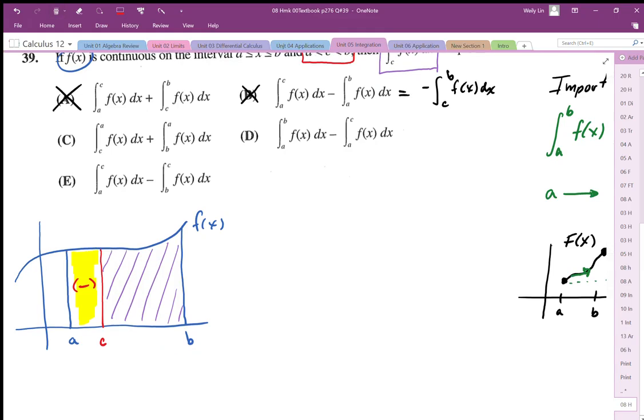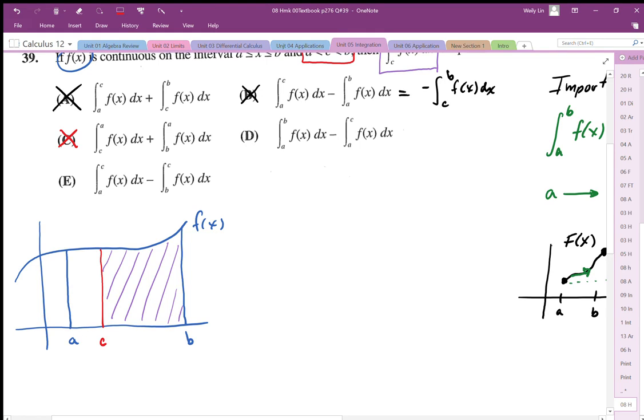Okay, so we're going to take all this area going backwards. So in this case here, we have this negative area here in yellow, plus all this area, it's all going to be signed negative as well. So we're going to have this area plus the whole area, and it's all going to be negative. Again, that's not going to be the difference of those two areas, so we can get rid of c as a possibility.